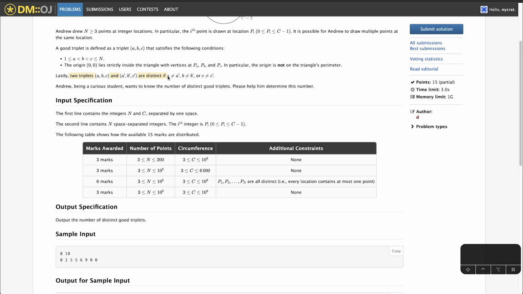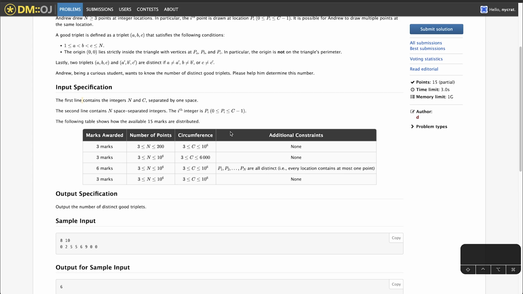And two triplets are distinct if they're all not equal to each other. Okay. So I want to find the number of distinct good triplets.